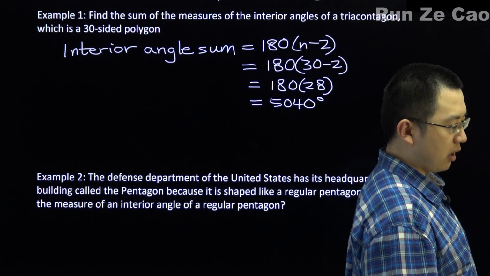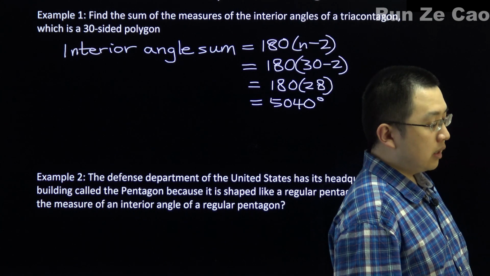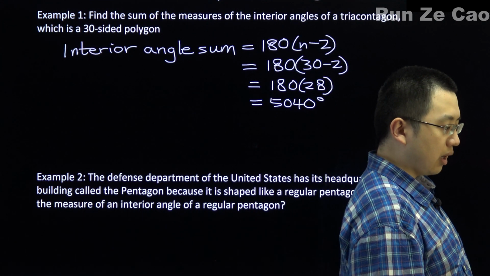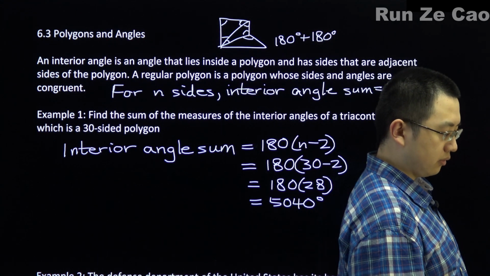A 30-sided polygon. It doesn't say if it's regular or not. But that doesn't matter. You can still cut it up internally, whether it's regular or not, into a bunch of triangles.